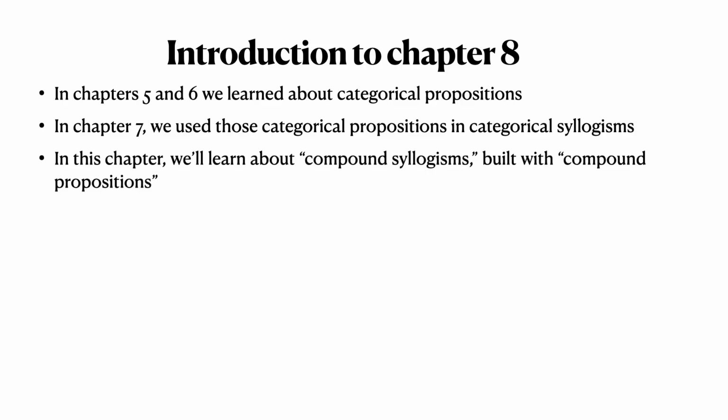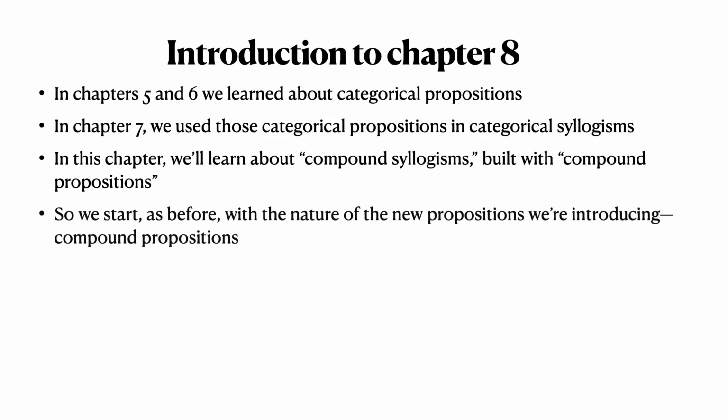That is, we're going to learn ultimately about compound syllogisms, but we're going to learn that by starting with the compound proposition, because the compound proposition is what makes a compound syllogism rather than a categorical syllogism. So, as before, we're going to start with the nature of the new propositions that we're introducing, and then work our way up to understanding the arguments, the syllogisms that we construct with these new propositions.